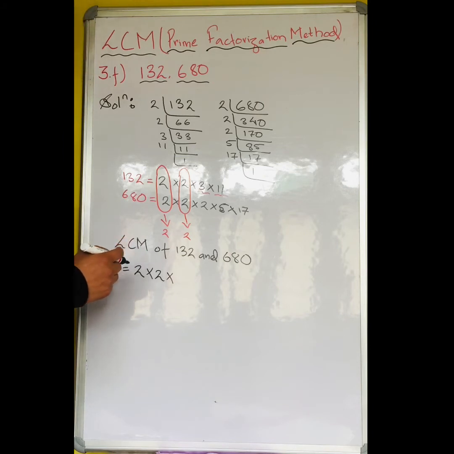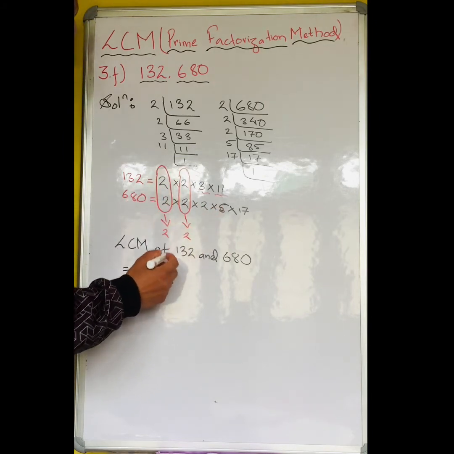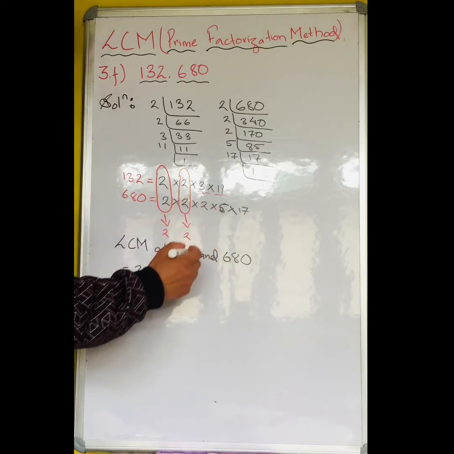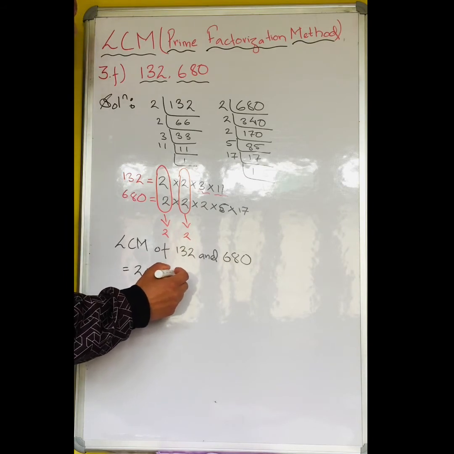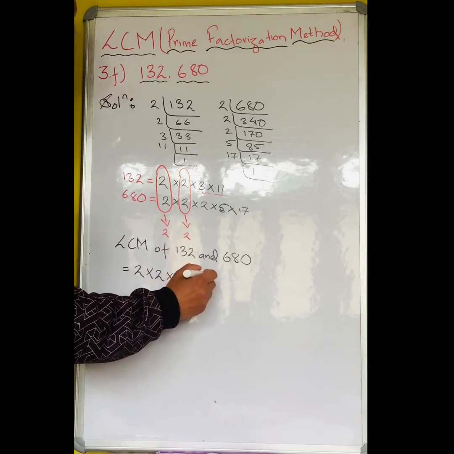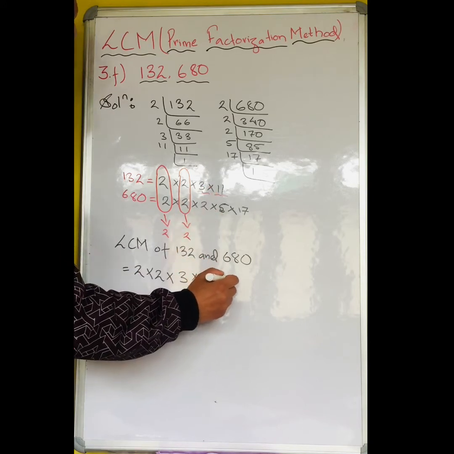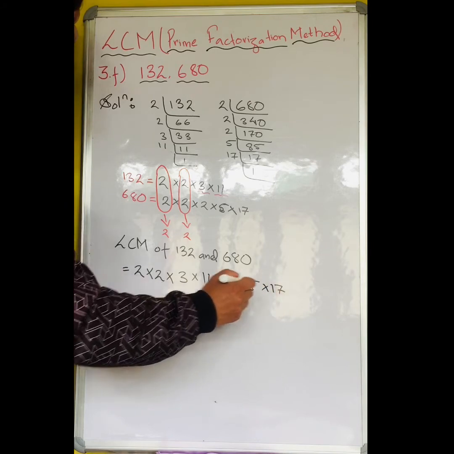So you just write these numbers. So 2 into 2, I wrote one each for the pairs. Now the remaining numbers I will write here: 3 into 11 into 2 into 5 into 17.